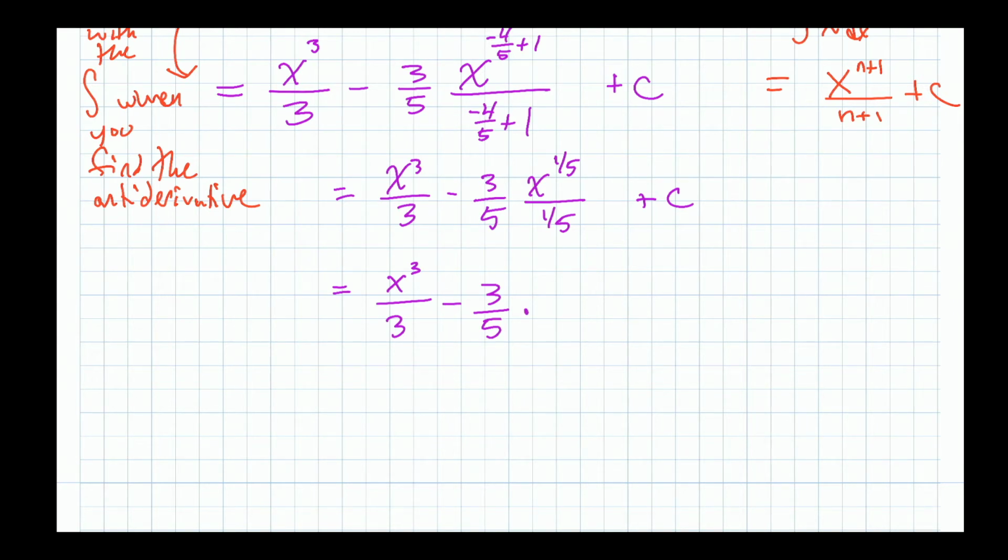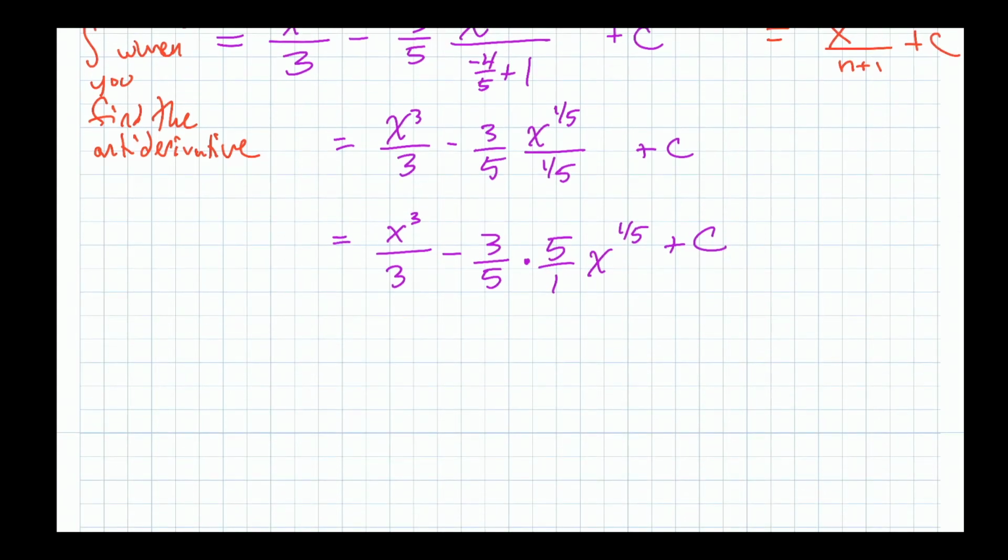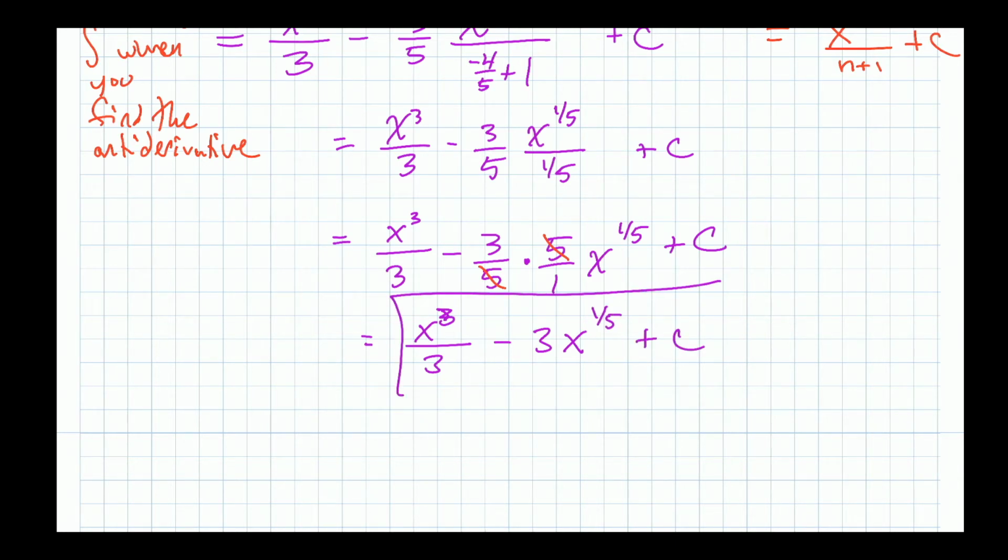Dividing by 1/5, remember, is multiplying by 5 over 1, multiplying by the reciprocal. So like that. Then I can notice that the 5's cancel, and I get x to the 3 over 3 minus, it looks like 3x to the 1/5 plus c.